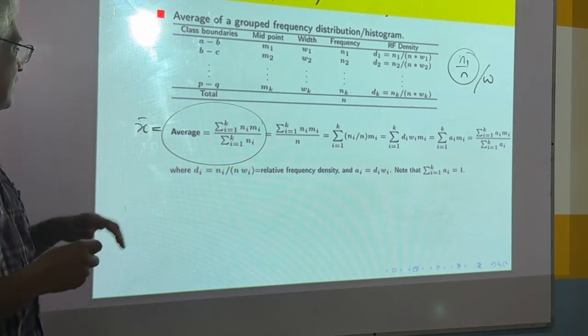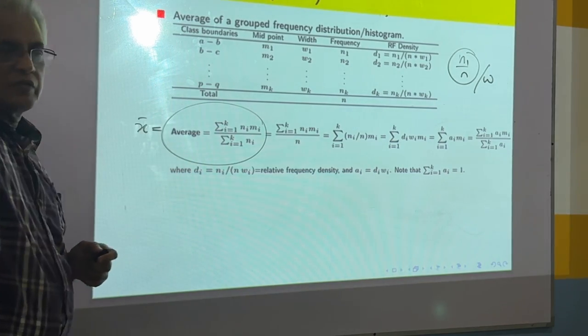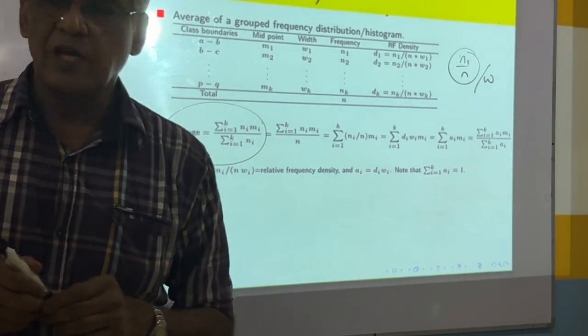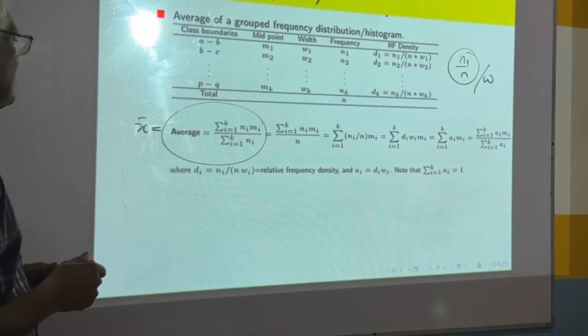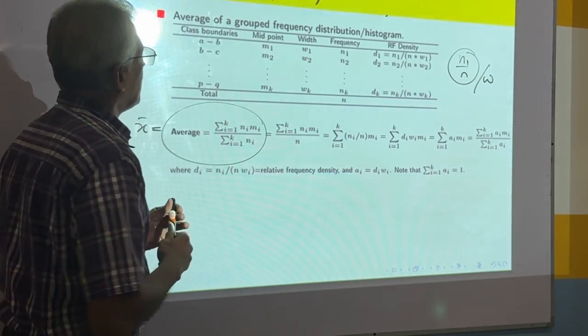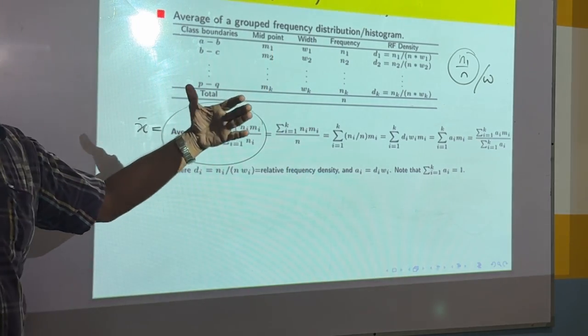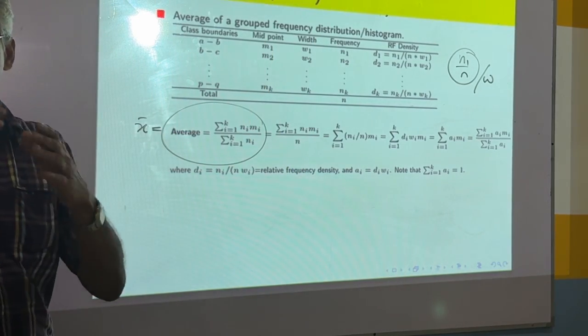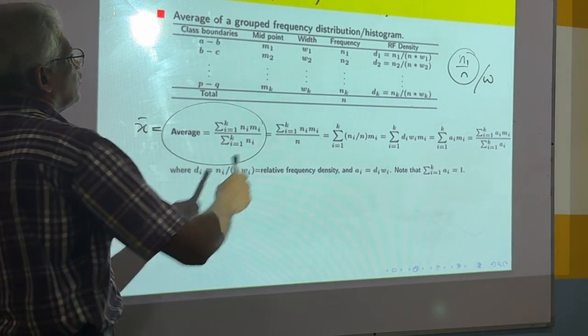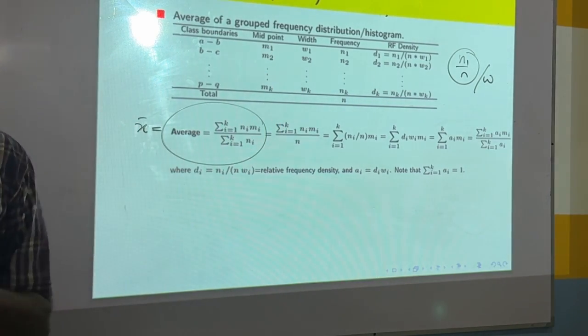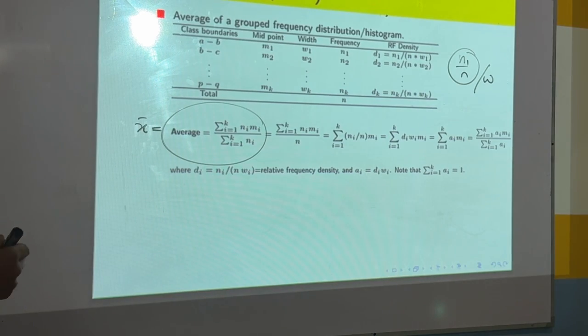Of course, this average will not be the exact average of the corresponding data set. It will be only an approximate value. So you will be multiplying N1 times M1 to get the approximate sum of values in that interval, and N2 times M2 to get the sum of those values in that interval, and so on.